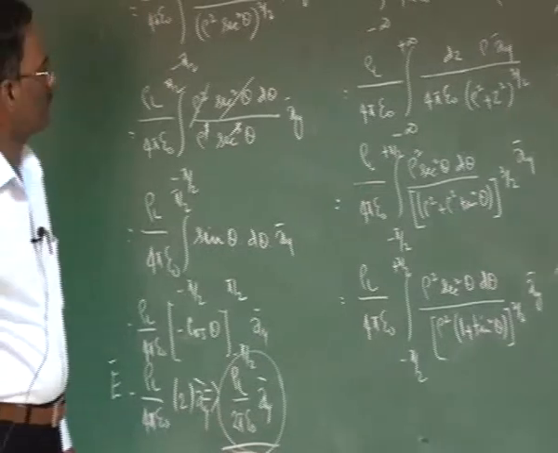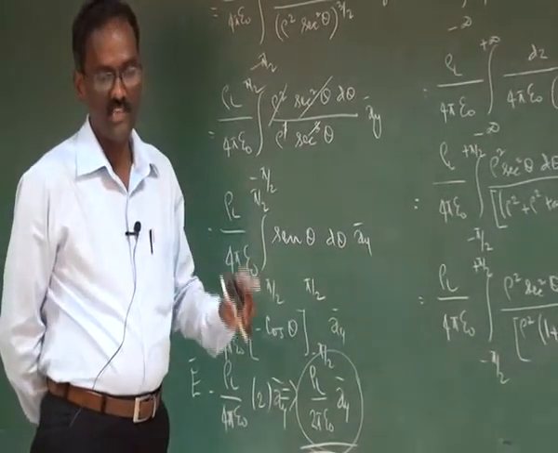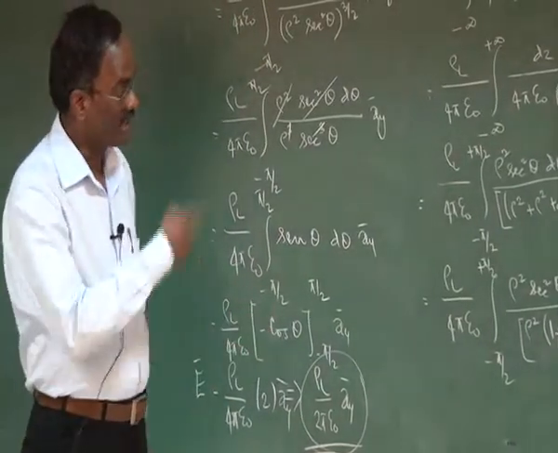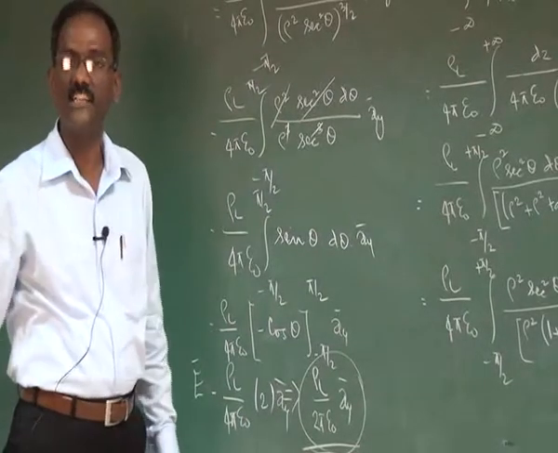So next topic, same E value I am going to calculate for a circular ring. This is an infinitely long straight conductor.